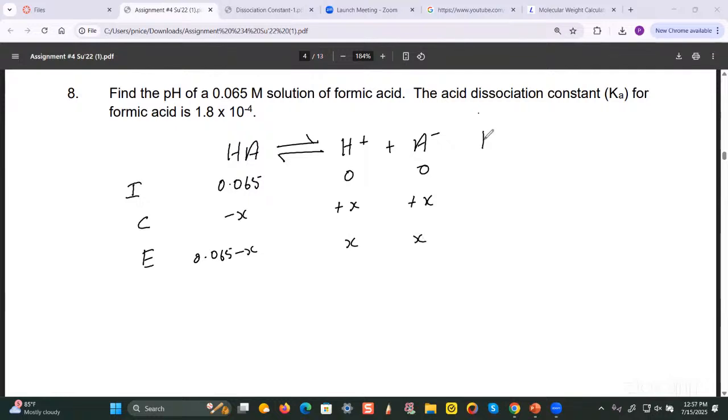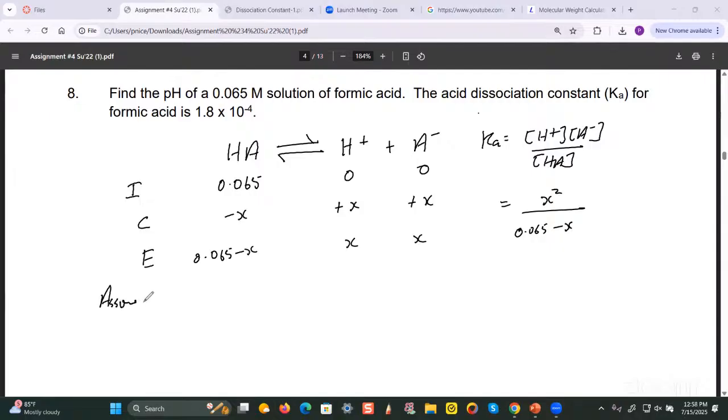Now remember, Ka is equal to the concentration of H plus times the concentration of A minus, divided by the concentration of HA, all right? So we can put the terms in. This would be equal to X times X, which is X squared, divided by 0.065 minus X, and that would be equal to the Ka. Then we make an assumption, right?